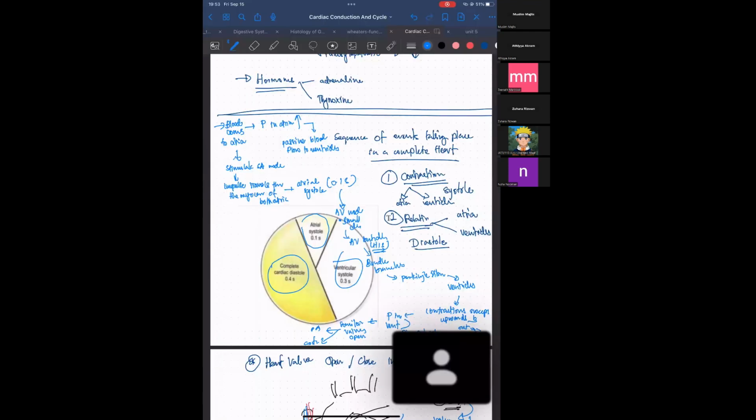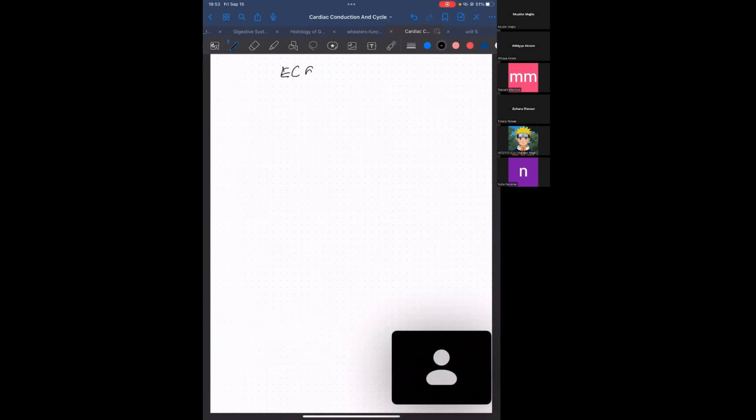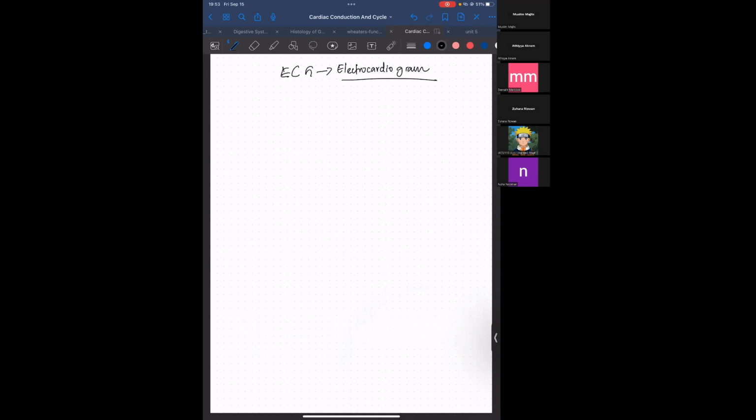It's about ECG. Okay, you all know how ECGs are taken? ECG stands for electrocardiogram. This is kind of interesting because maybe this is something clinical.